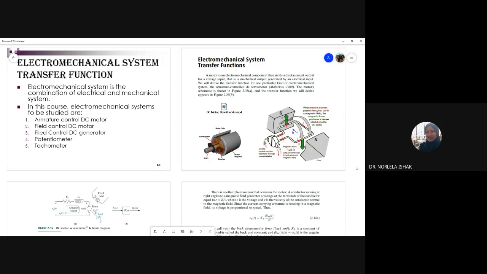How we want to control the DC motor and DC generator by the armature circuit and field circuit. Okay, we have electrical circuit. It's one subsystem.